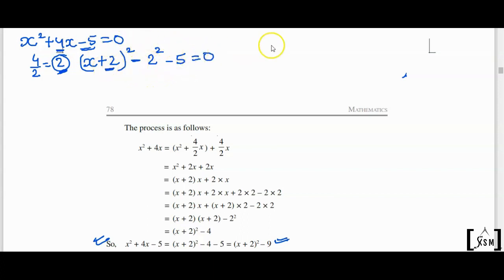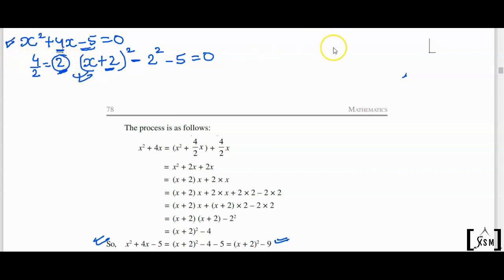Let me explain why this is correct. Have a look here. Why is this equivalent to this?